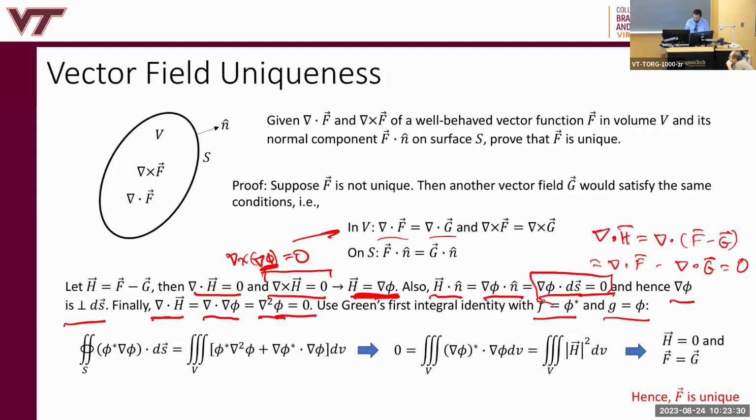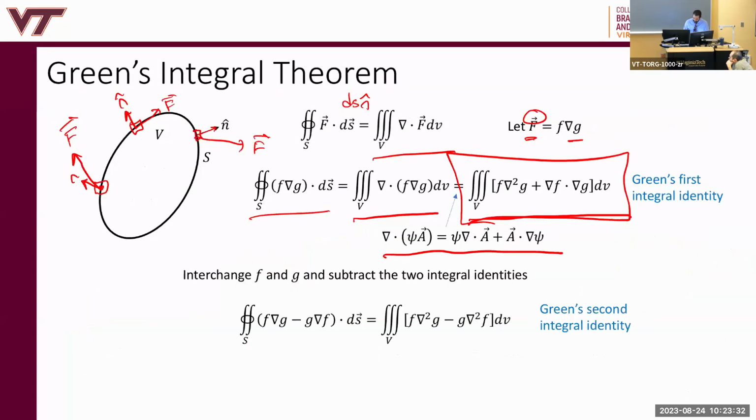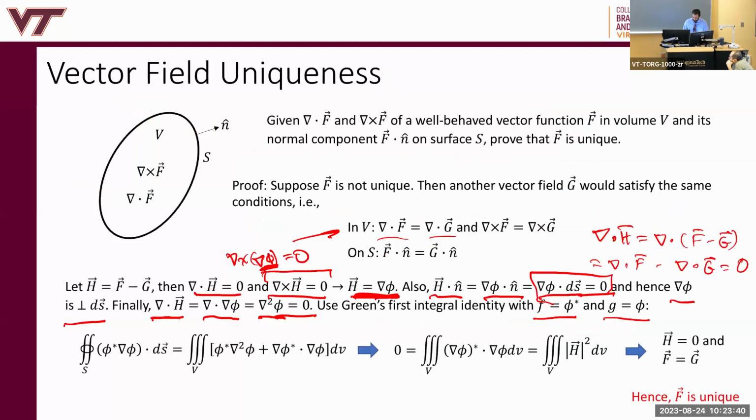The integral identity is that the surface integral of f, gradient of g, dotted with ds is equal to this volume integral. So the surface integral of f, which is phi conjugate, and the gradient of g, where g is phi, is equal to the volume integral of the same quantities by Green's first integral identity.